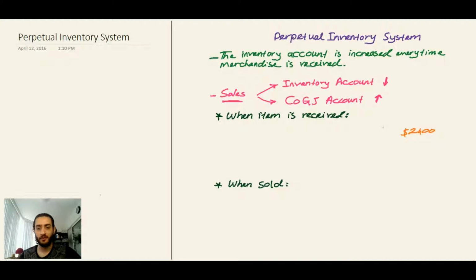At the time of the purchase and when the items are received, we will increase the inventory account, because the inventory account is an asset account. To increase it, we have to debit that account. So we will debit inventory by 2,400.